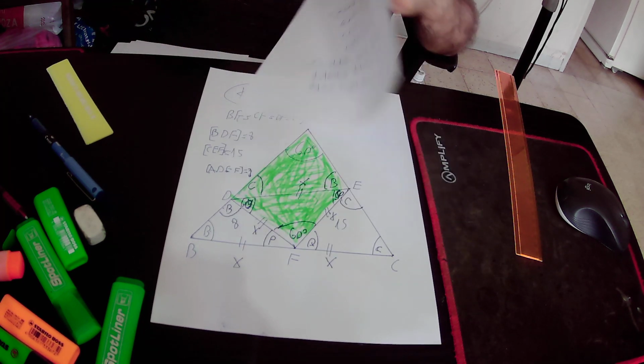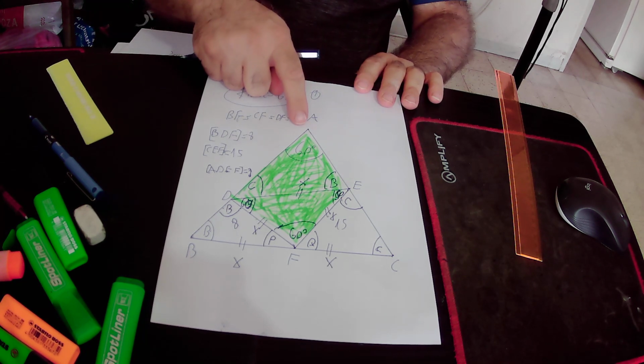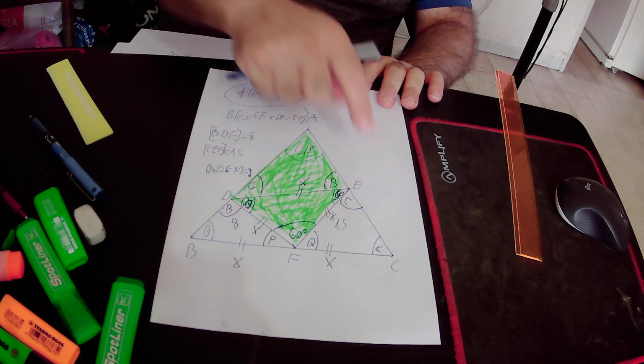And we have the third angle, angle A, that is a common angle. It belongs both to the small triangle ADE and to the big triangle ABC.